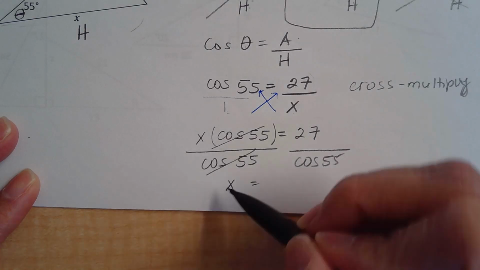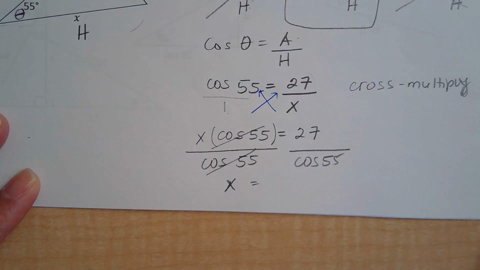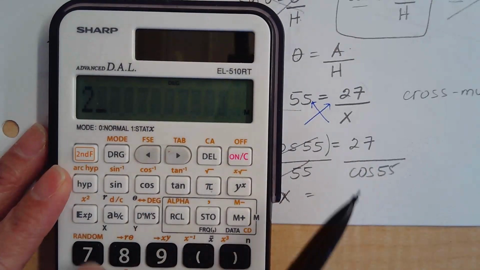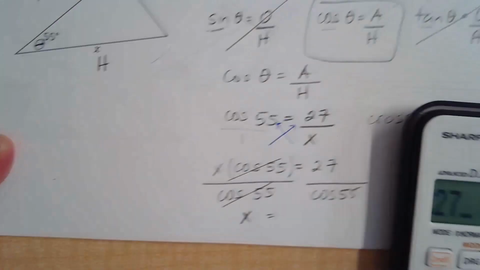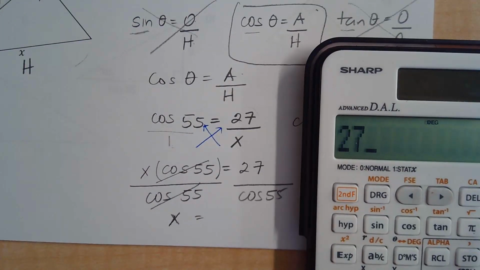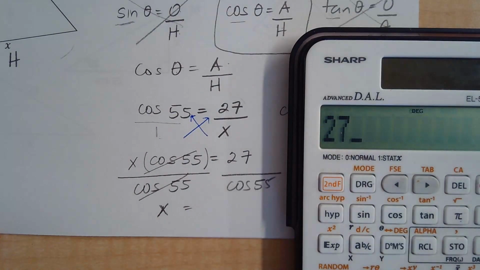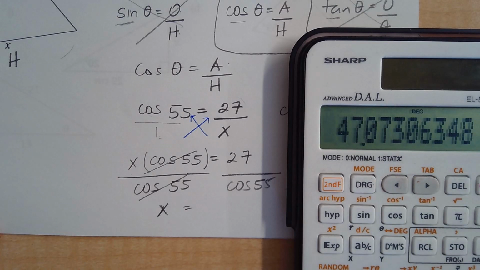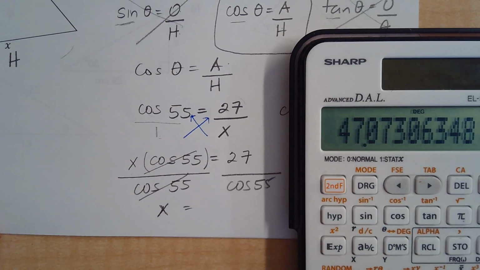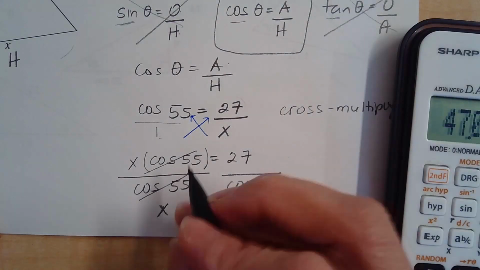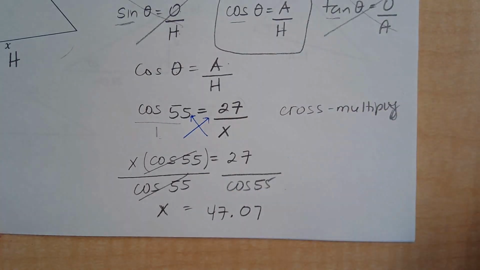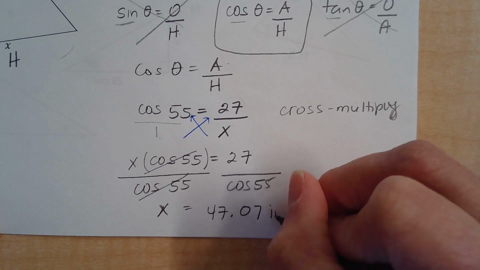We're left with x. The x is now alone. And then 27 divided by cos 55. So that's 47.07, and then the unit is inches.